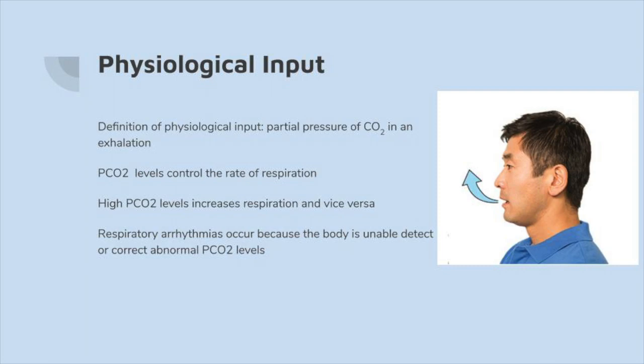If PCO2 levels remain high, the patient will experience a drop in blood pH, leading to a condition called respiratory acidosis. Respiratory arrhythmias occur because the body's chemoreceptors are unable to detect changes in PCO2 levels or are unable to elicit a respiratory response to correct it.